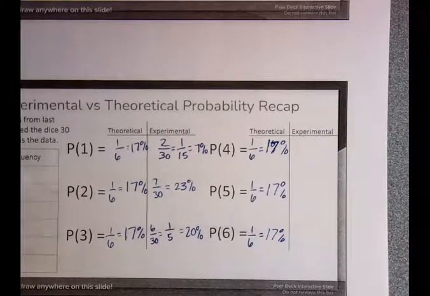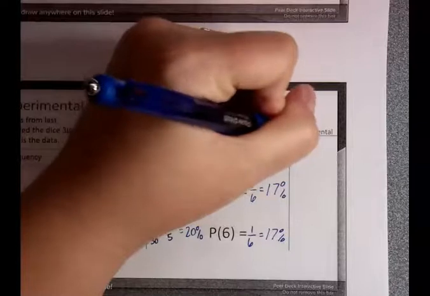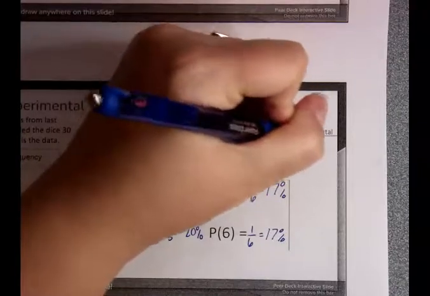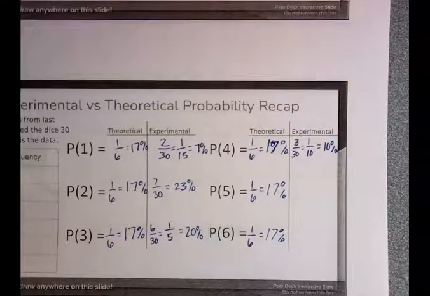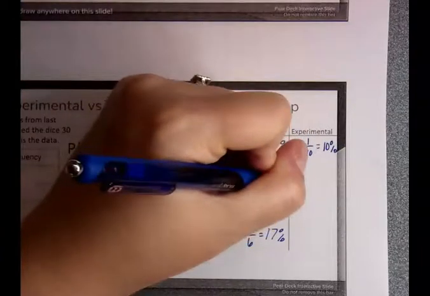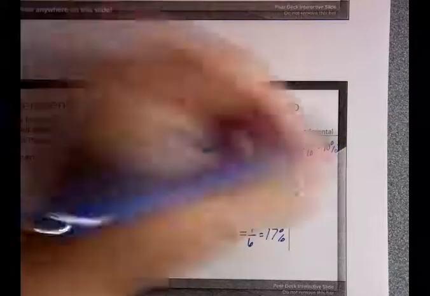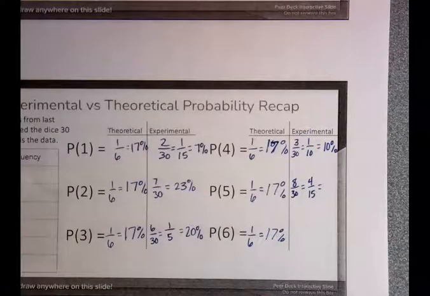Okay, and then for 4, we rolled it 3 out of 30 times, which is 1 out of 10, or 10% of the time we rolled 4. 8 out of the 30 times we rolled a 5. So that's going to be 4 over 15.